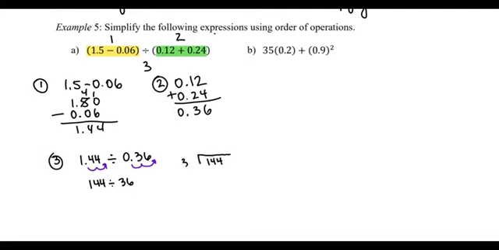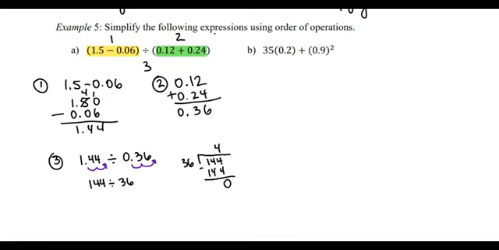All right, so let's go ahead and set up that 144 divided by 36. So 36 does not go into 14, and 36 does go into 144 3 times. No, 4 times. Yeah, 4 times. 6 times 4 is 24. 3 times 4 is 12, 144.